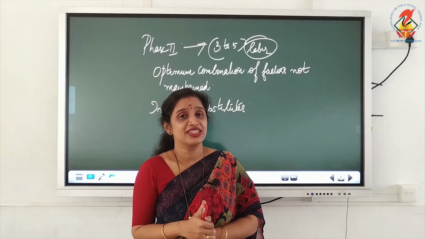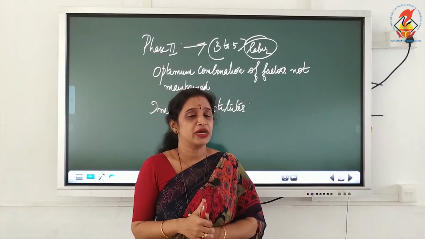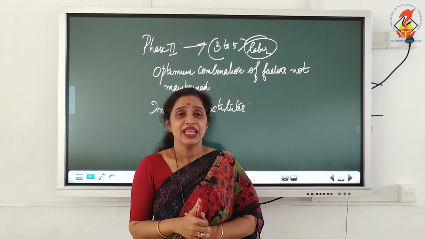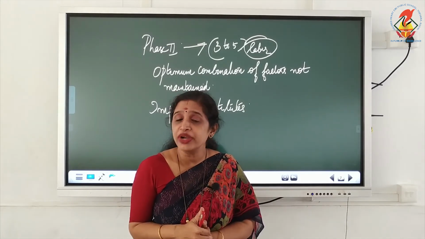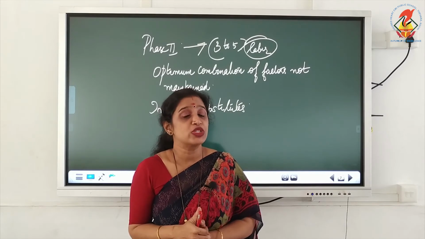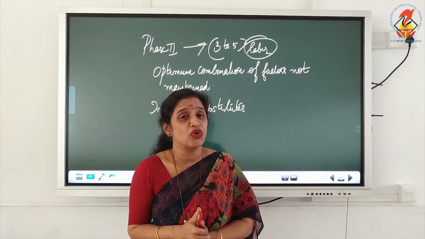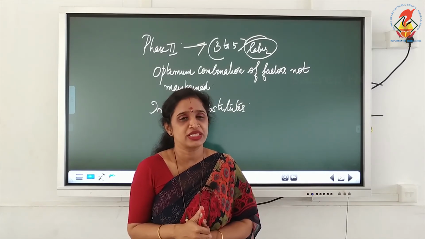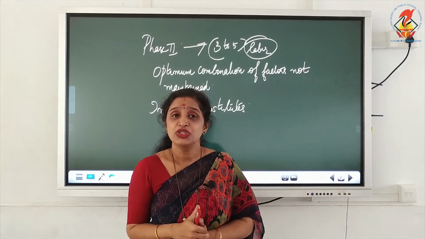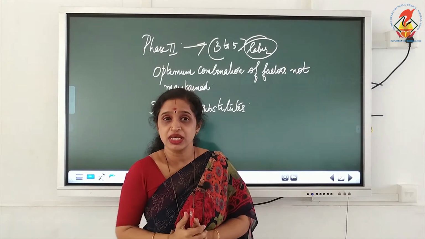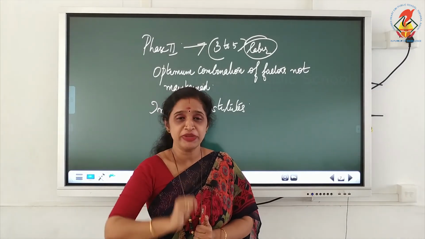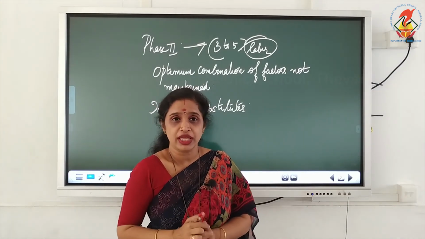Now you can find there will be some disturbance among the workers, because each and every fixed factor has a combination, either 1:1 or 1:2. If it becomes 1:3, 1:4 or 1:5, 1 means the fixed factor, which is the machine. 2 means laborers. 3, 4, 5, all those variable factors are laborers. So in front of one machine, how many laborers are there now?